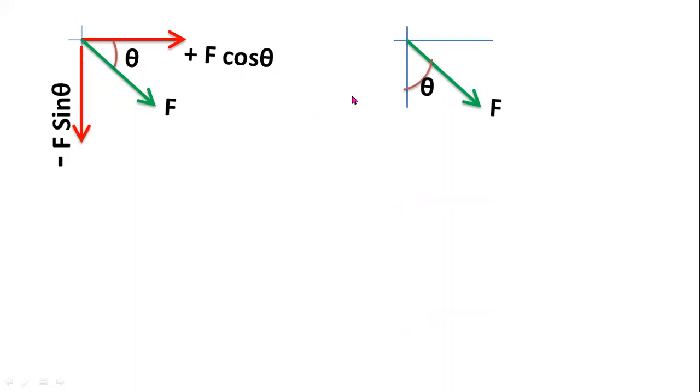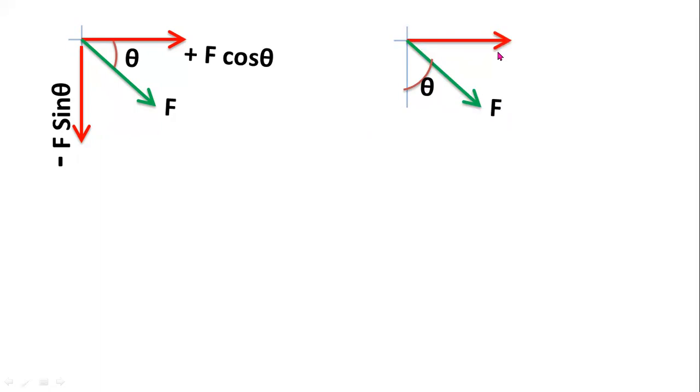Okay, another problem, another example. If a force F is acting like this, the direction of this force with respect to y-axis is theta. Then how to convert this inclined force into horizontal and vertical force? Yeah, this is horizontal force.